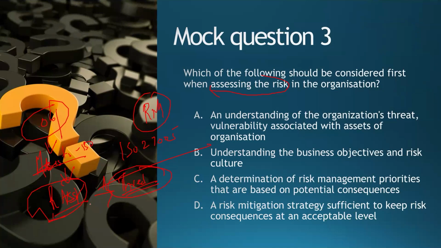It does not ask from a risk management perspective. It is on when you assess the risk, what is the first step? So the keyword is first while assessing the risk, which relates to A. B is the first step of your risk management cycle. That's the reason A is the right answer here.